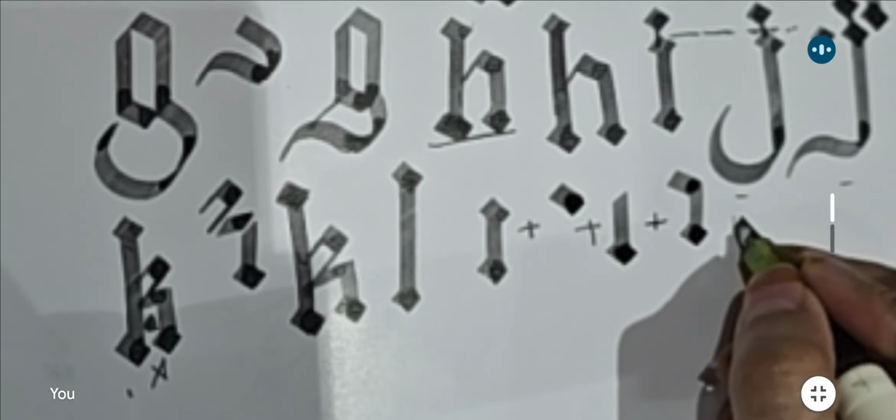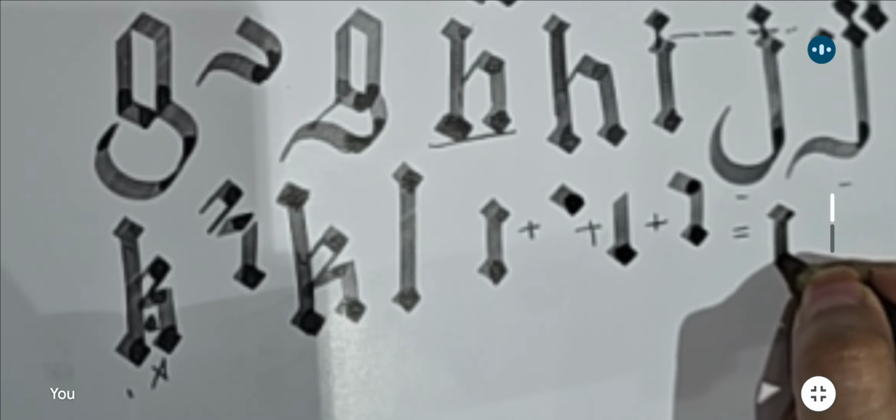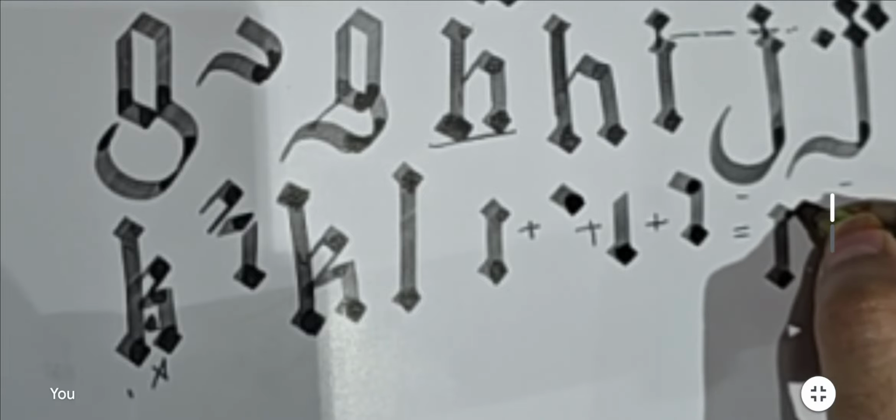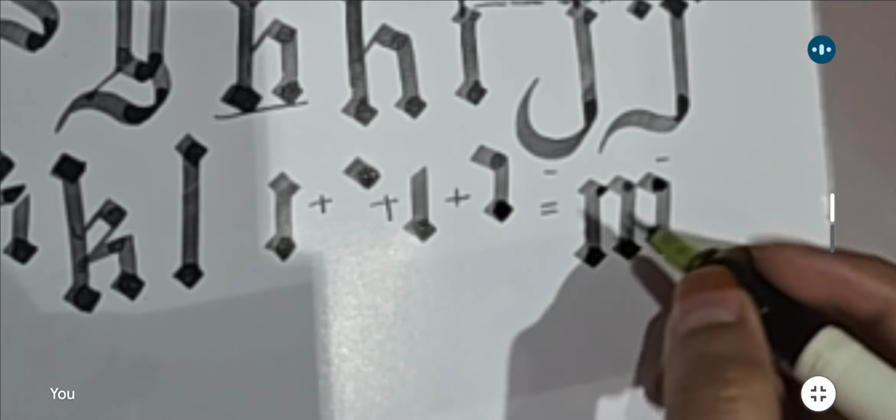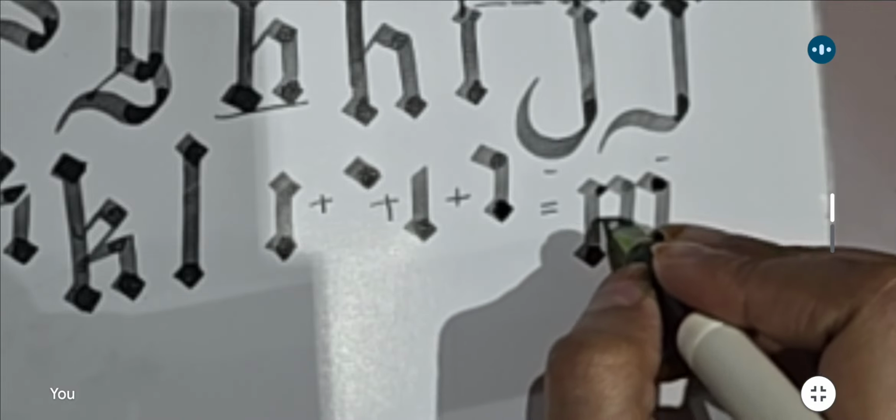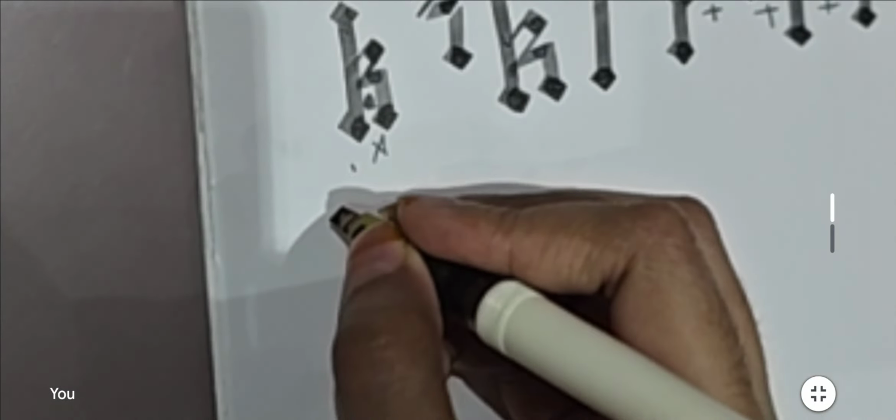How? See, first, the only thing which you need to keep in your mind is the space here. It should be equal. If you make your M in such a manner, like here, then it is wrong.